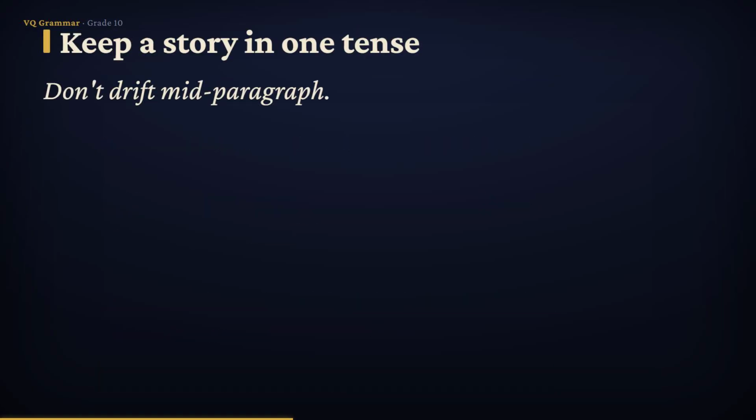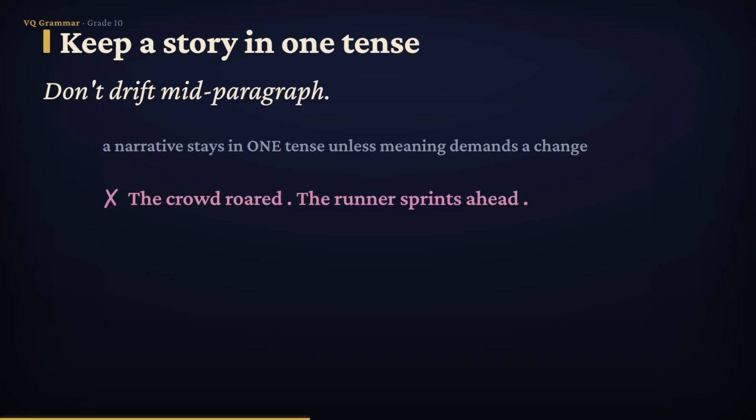This rule doesn't stop at the sentence. It runs through a whole paragraph. Keep a narrative in one tense unless the meaning truly requires a change. Here's the drift. The crowd roared. The runner sprints ahead. Roared is past, sprints is present, and nothing in the story explains the jump.